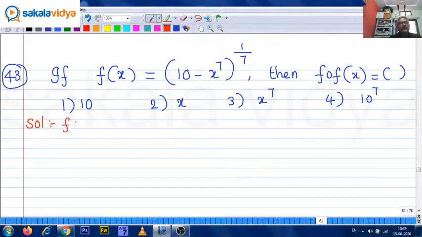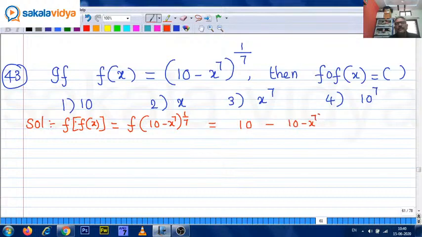So f circle f of x means you need to find out f of f of x. So f of (10 minus x to the power of 7) whole to the power of 1 by 7. So that equals 10 minus ((10 minus x to the power of 7) whole to the power of 1 by 7) to the power of 7, and whole to the power of 1 by 7.